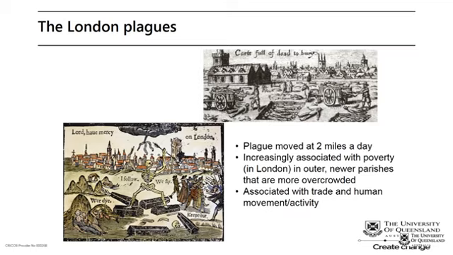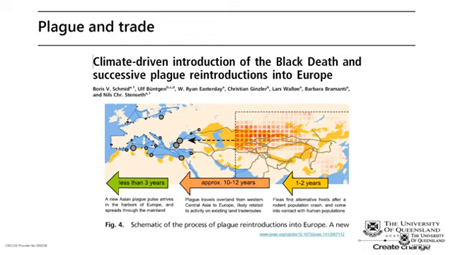The interesting thing about the London plagues was that it moved at the same sort of pace as an ox and cart. So the transport at the time was animal based, and that's essentially how plague moved.